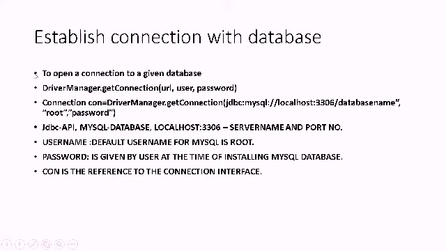In order to open a connection to a given database, you use the method DriverManager.getConnection, in the brackets URL, user, password. We start with Connection con, an interface, equal to DriverManager.getConnection.